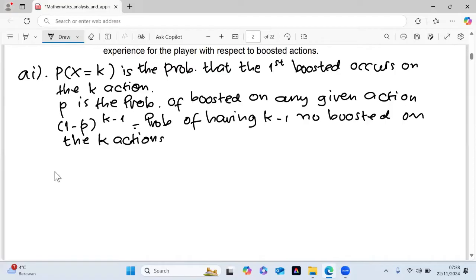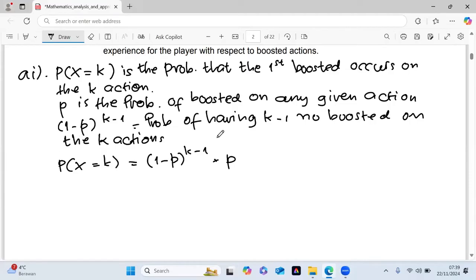So the probability that the first boosted occurs on the k action is given. We can write the formula: probability X equals k equals 1 minus p power k minus 1, multiplied by p.